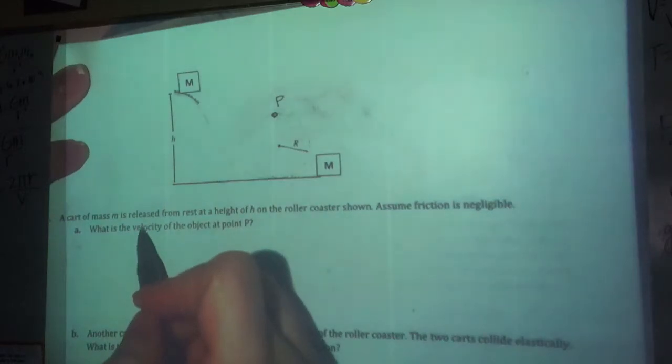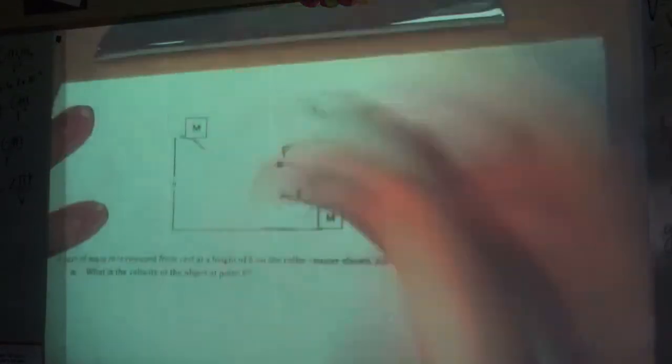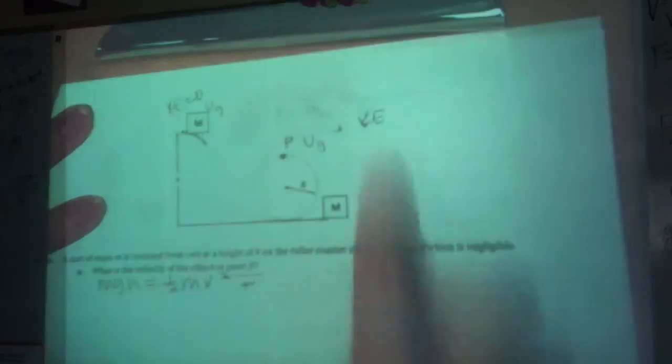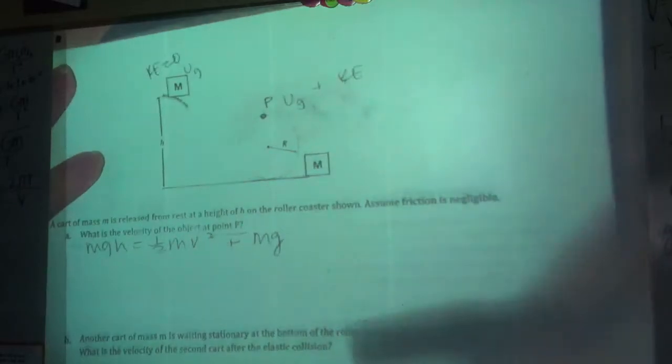A cart of mass m is released from rest at a height of h, and I want to know what the velocity at point P is. If it's released from rest, kinetic energy is 0, it's all potential. Here it has both potential and kinetic. So my mgh is going to go into 1/2 mv squared, plus I still have potential energy.